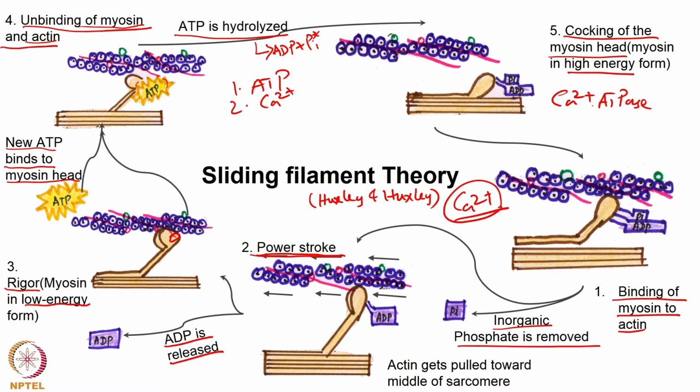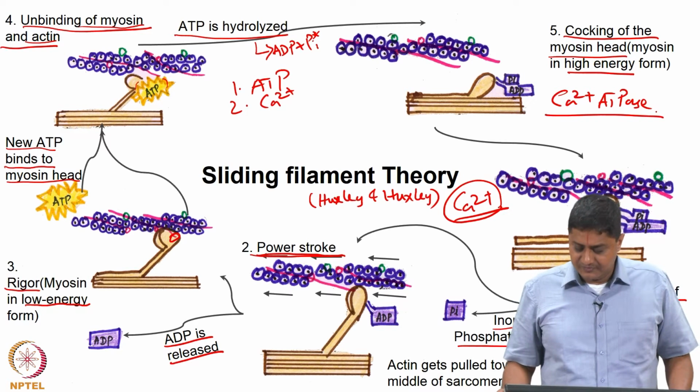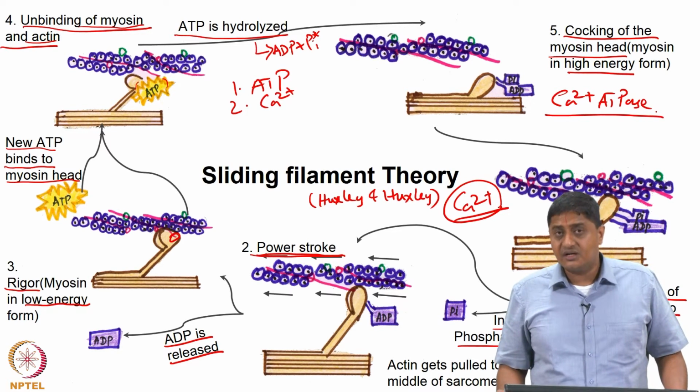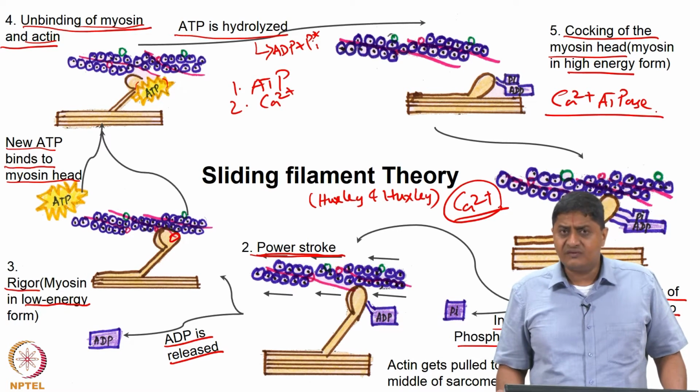So, there is an active process, energy is expended to take calcium and put it back into the sarcoplasmic reticulum. So, it is used only when needed. Calcium, when it is released, causes the muscle to contract and produce force. This is the theory behind the force production by a sarcomere.